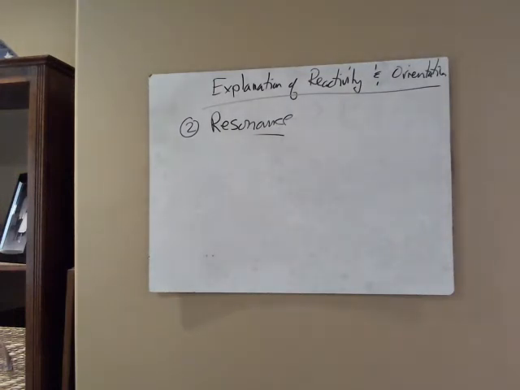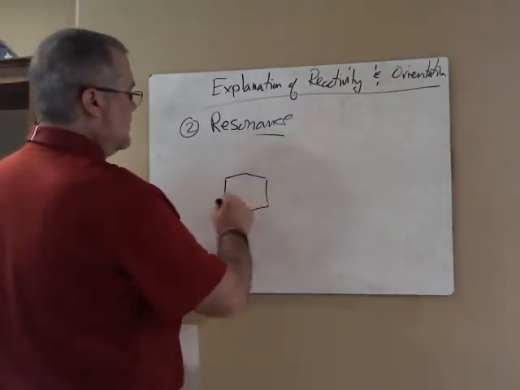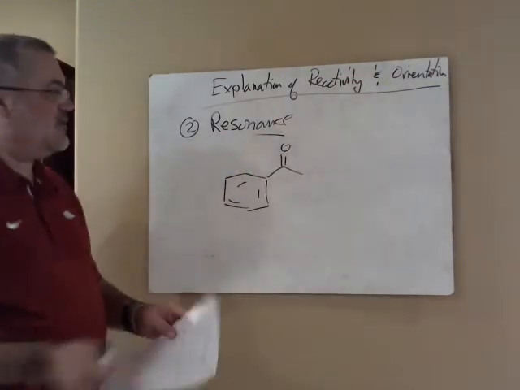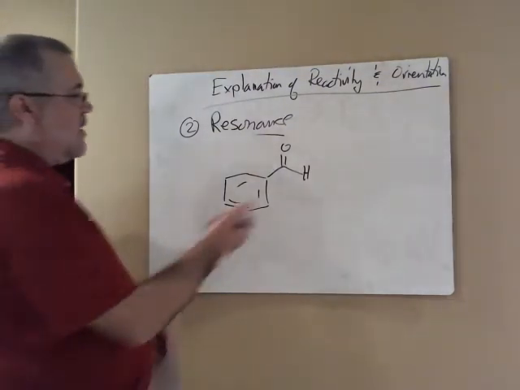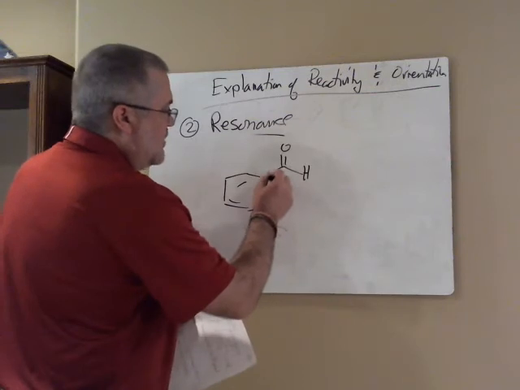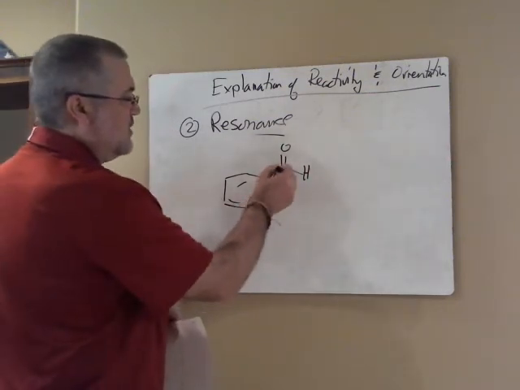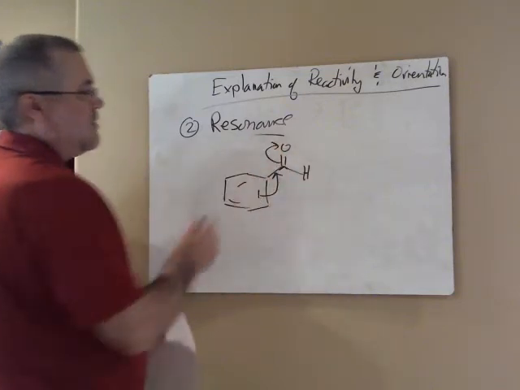Another example is when you have your carbonyl substituents. So let's say, just in a simple example, we have this aldehyde. Okay? And so again, you can imagine in a resonance way moving these electrons out of the ring towards this deficient carbon of the carbonyl, which pushes these electrons up.